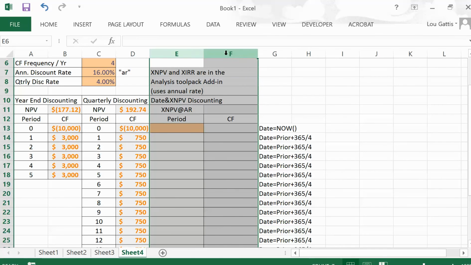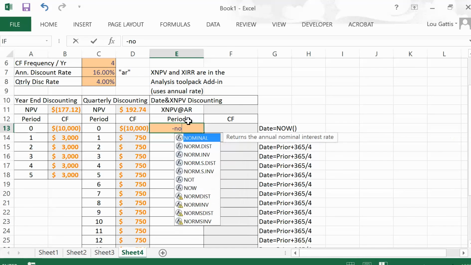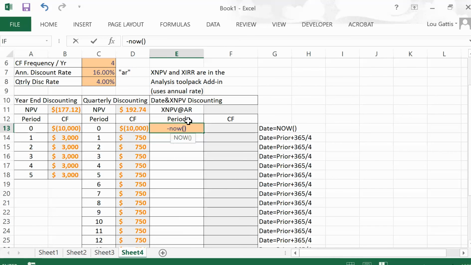If you know the dates, you can even get more precise. Say we'll put in today's date. Equals now gives me today's date. Say 8/30, August 30th, 2016. And say we're going to get the cash flows exactly every 90 days. So let me just take that plus 90.